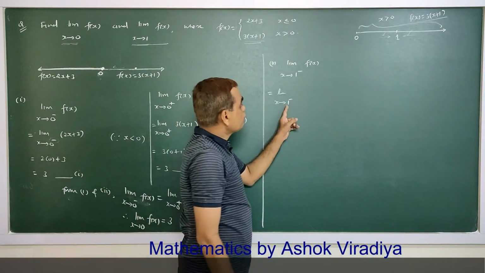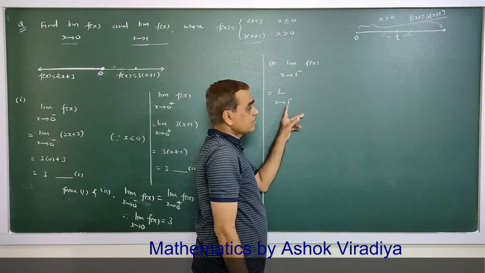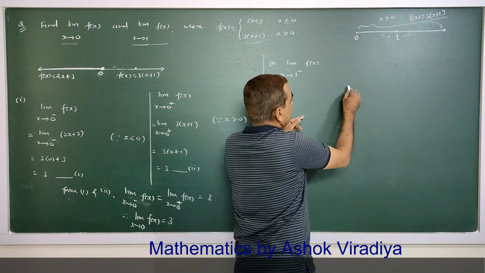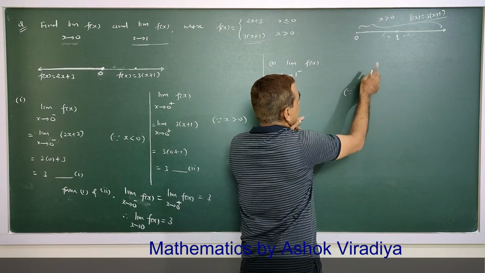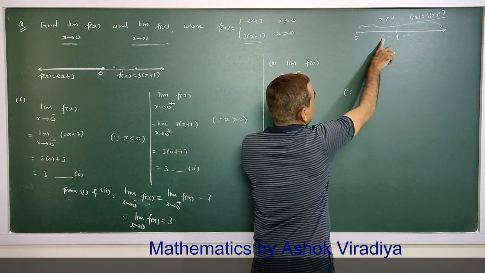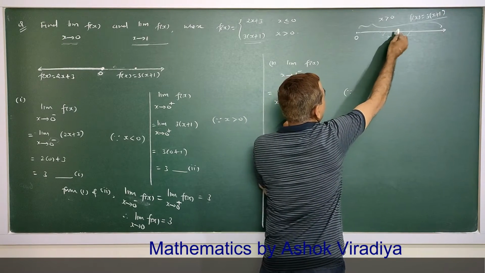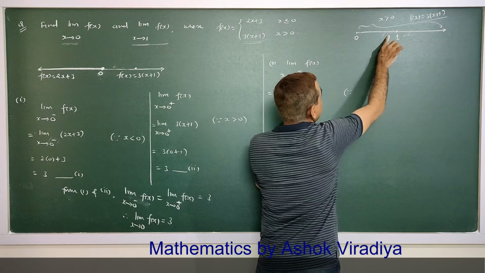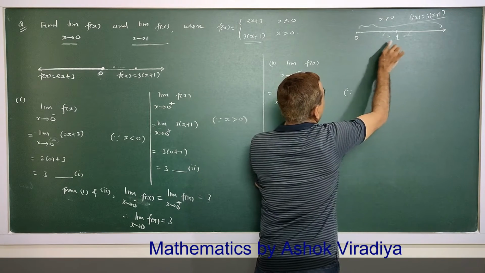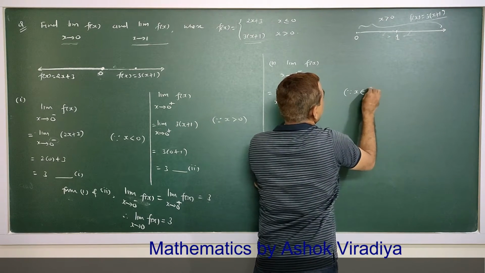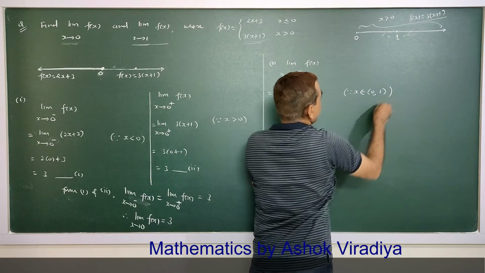When x tends to 1 from left side, x is going nearer and nearer towards 1 from left side, so x takes values from 0 to 1. So x belongs to 0 to 1.